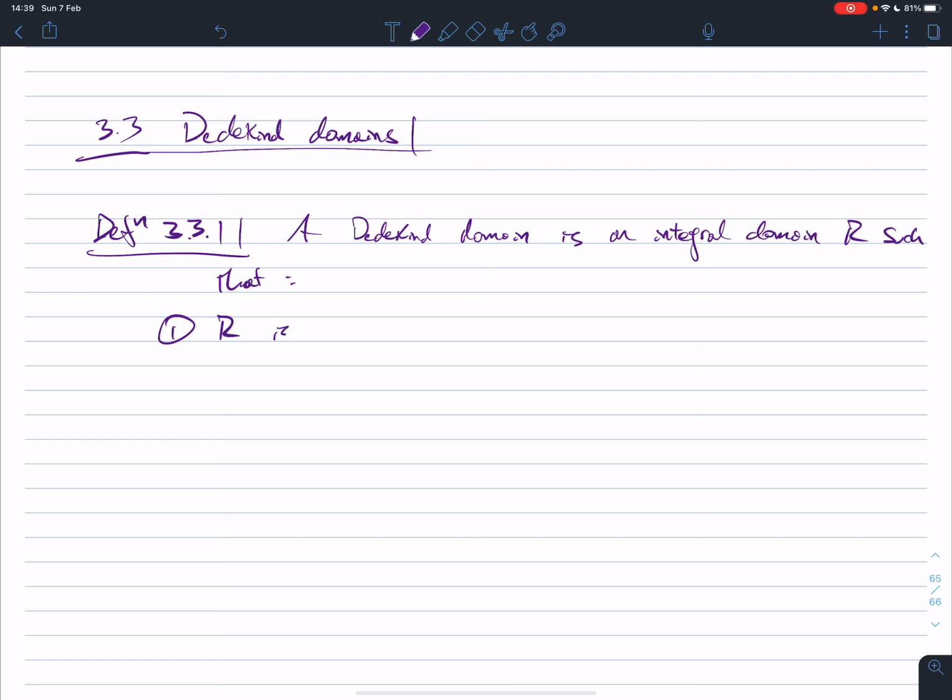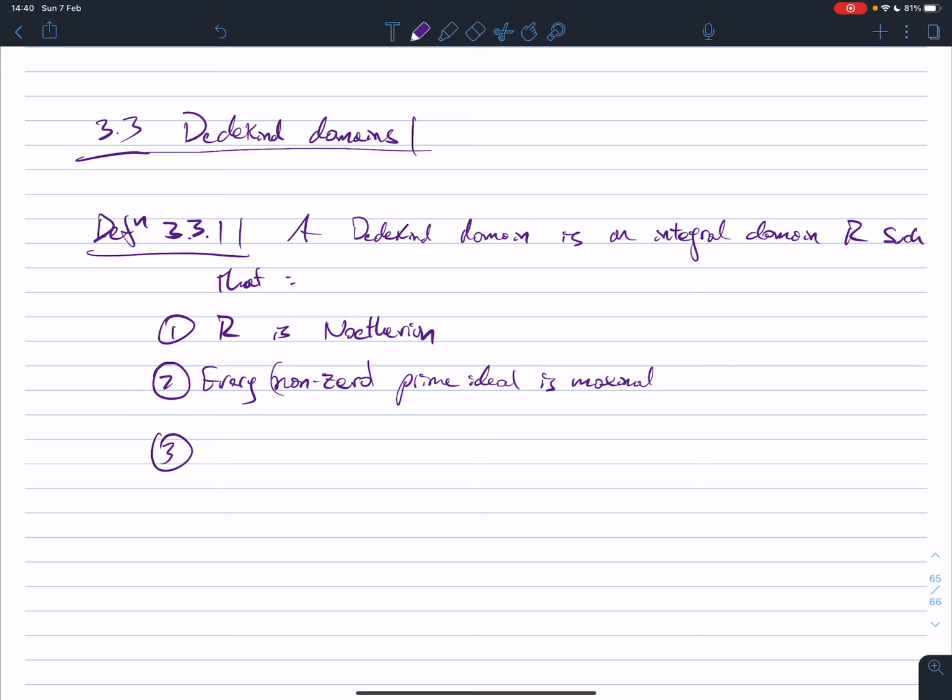One, we need that R is Noetherian. Two, we need that every non-zero prime ideal is maximal. And lastly, we need that R is integrally closed. Remember, this means that R is integrally closed in its field of fractions.